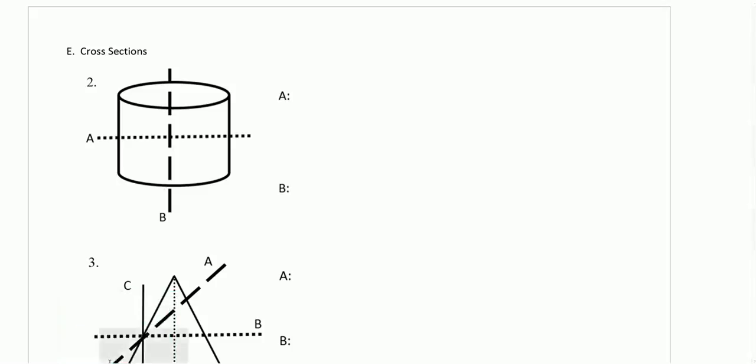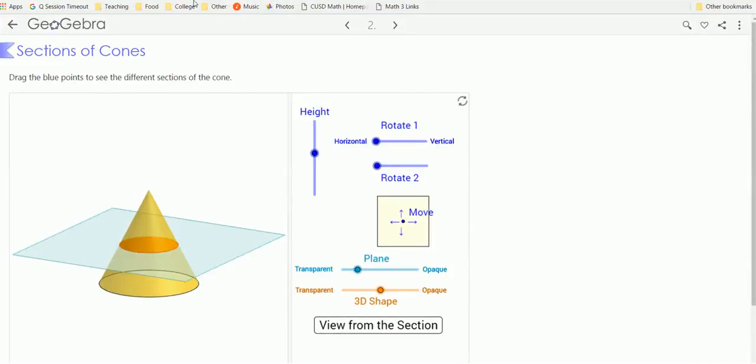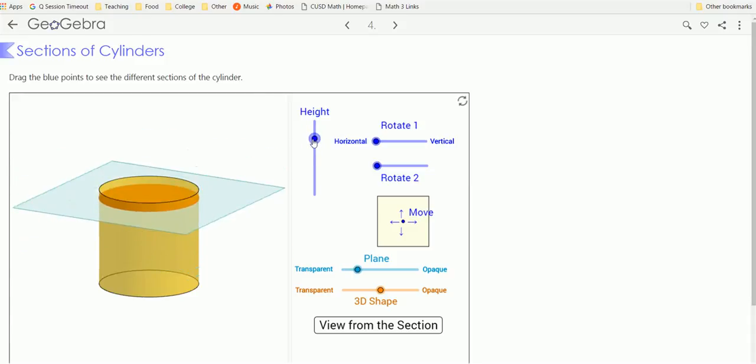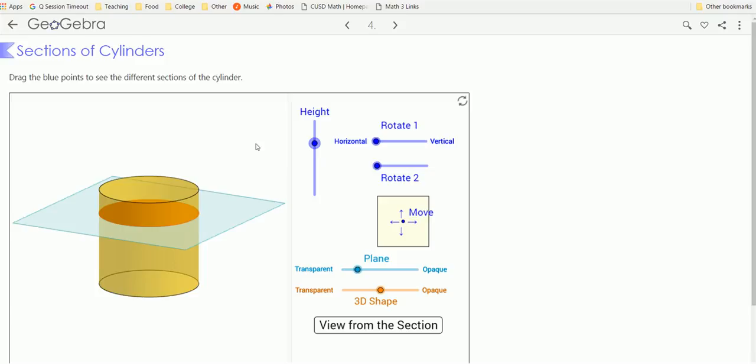To help you visualize this a little bit better, I have a cylinder up in GeoGebra, and you can see we have this cross section that I'm moving up and down, and you can see as it intersects the cylinder, it's creating that circle shape.